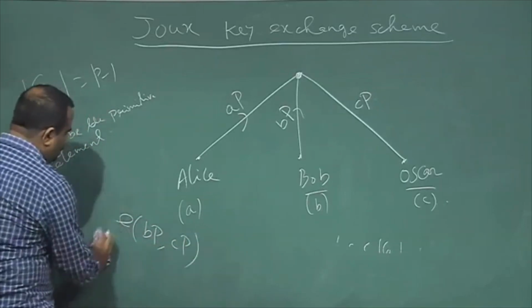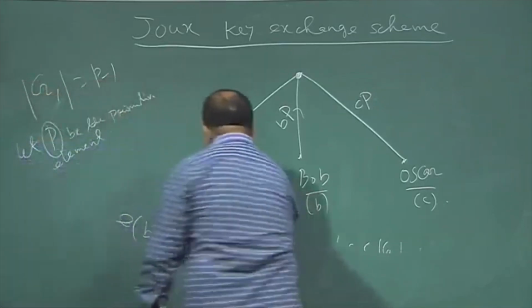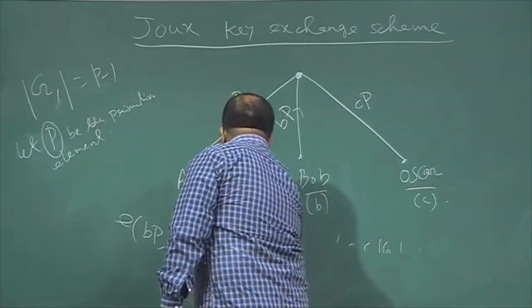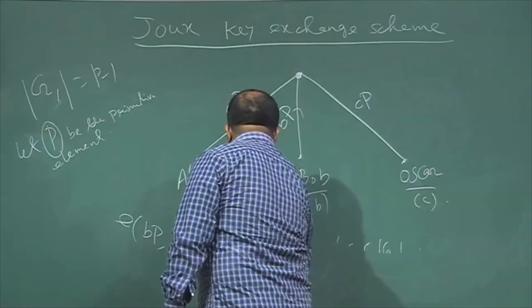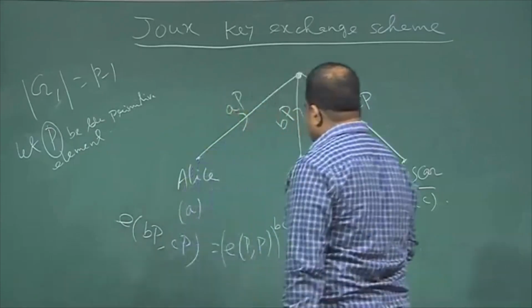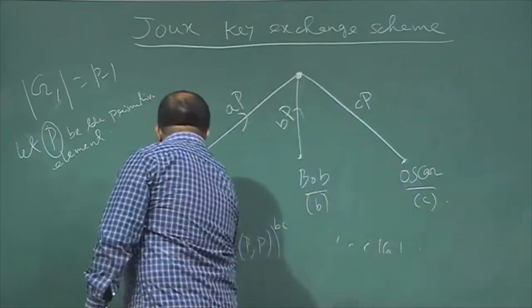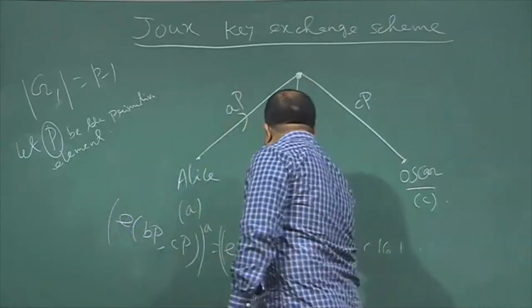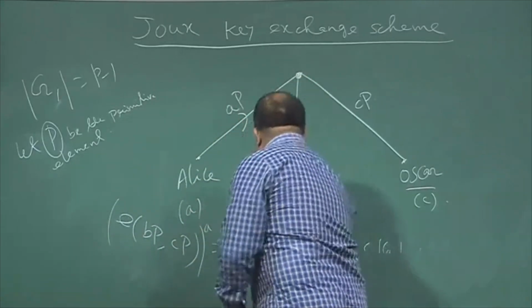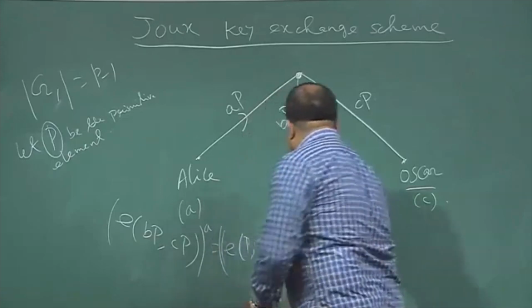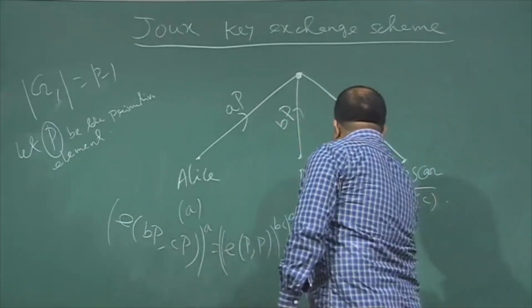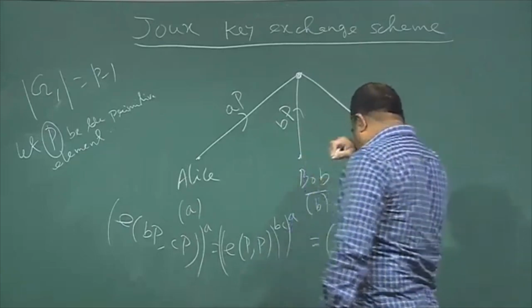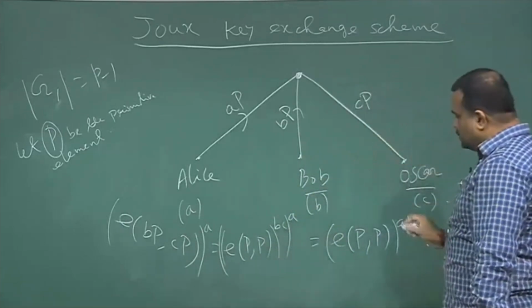This is basically e(P,P) to the power bc. Now Alice will raise this to the power a, because a is known to Alice. So this is basically e(P,P) to the power abc.